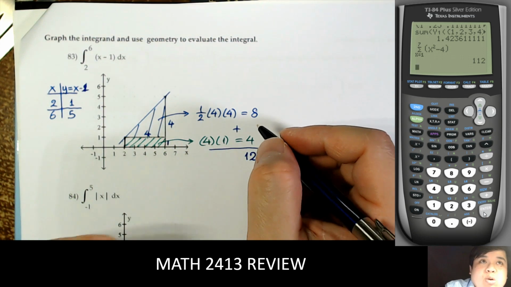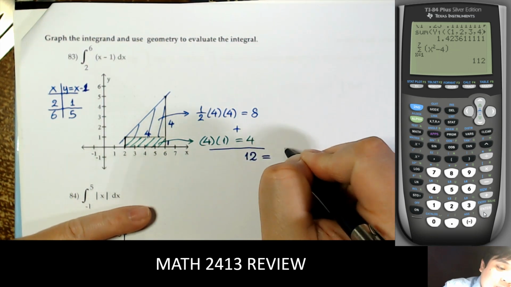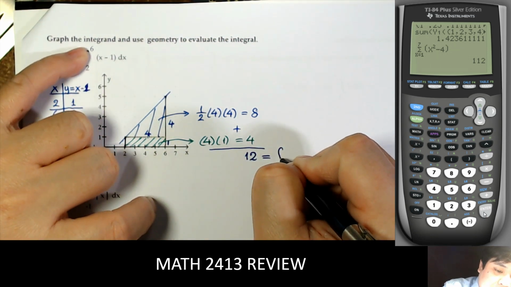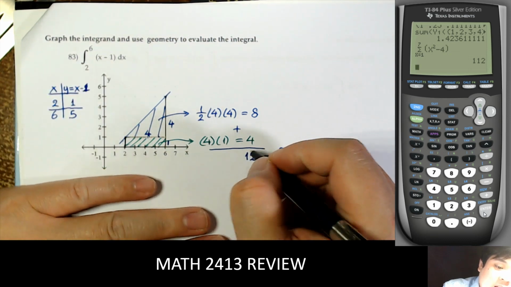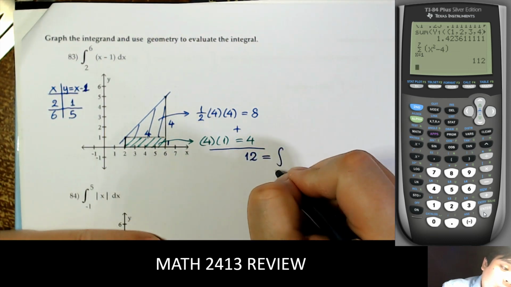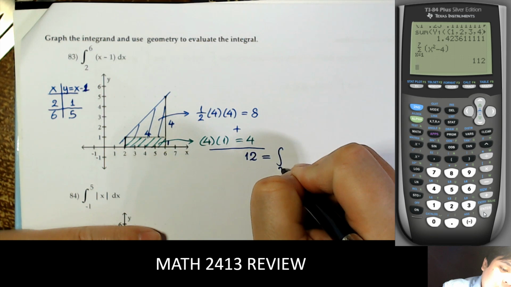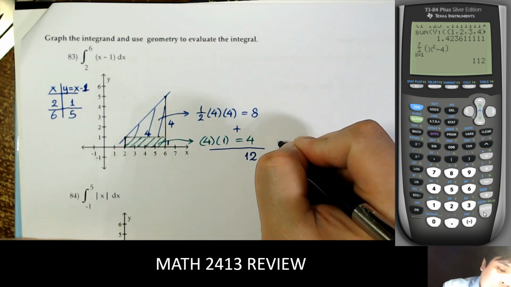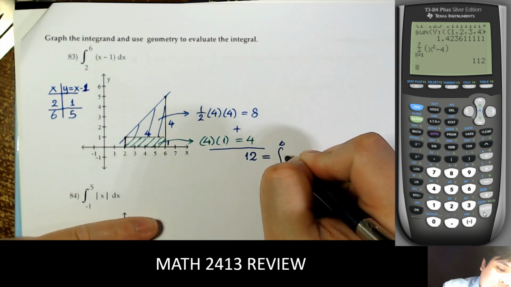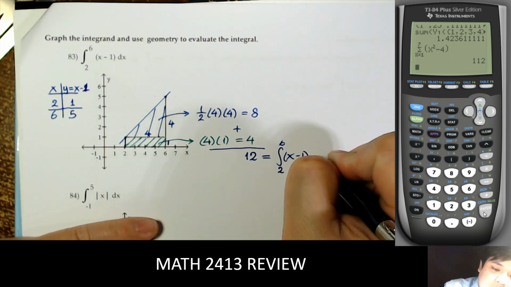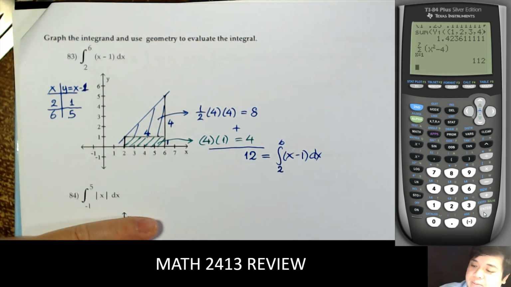Actually, the area is always positive, but if the region is above the axis, the area will be equal to the integral. So we have the integral from 2 to 6 of x minus 1 dx. So the answer is going to be 12.